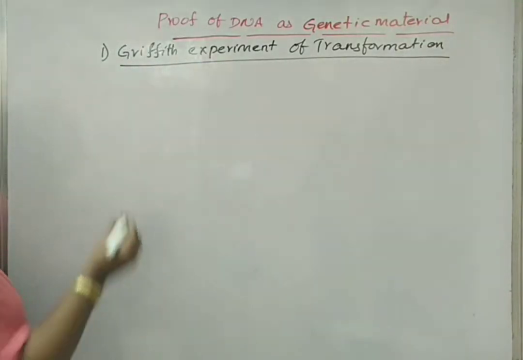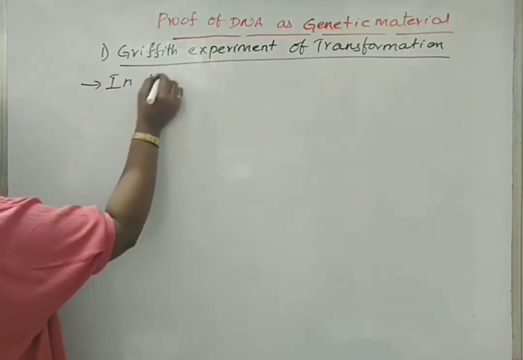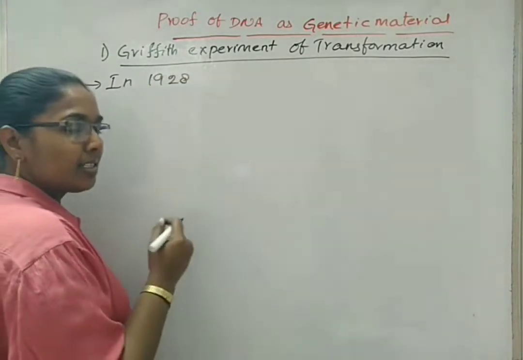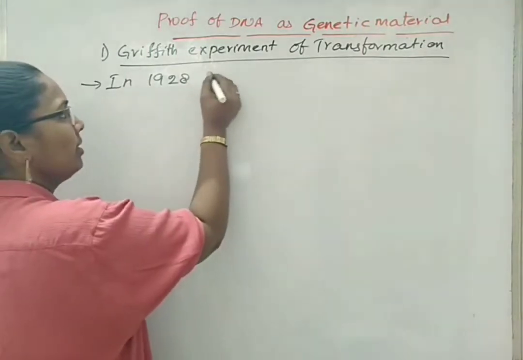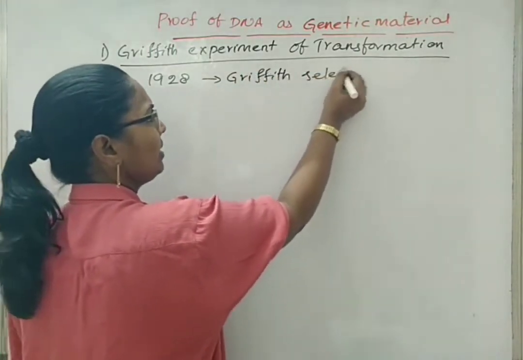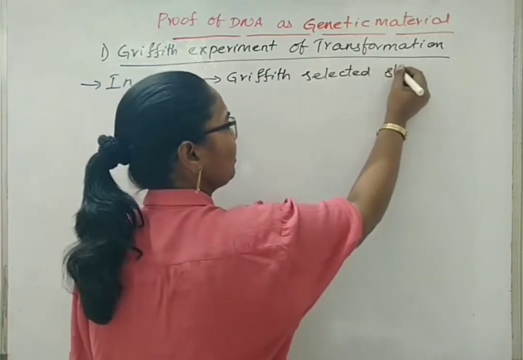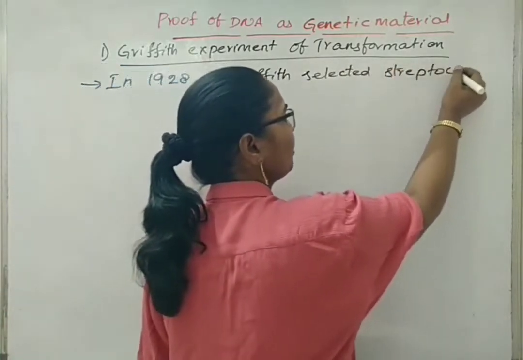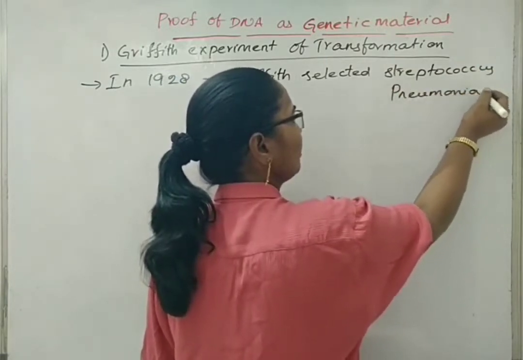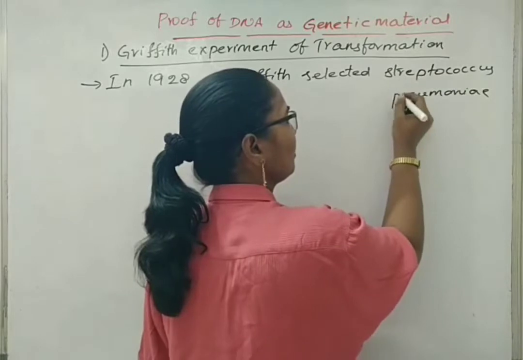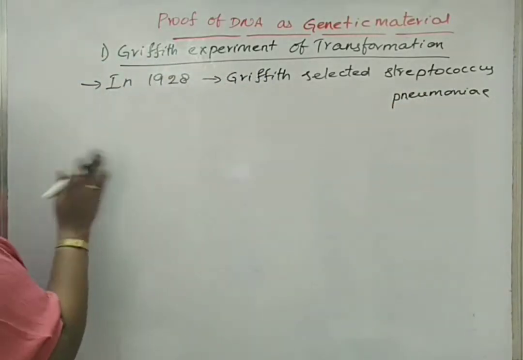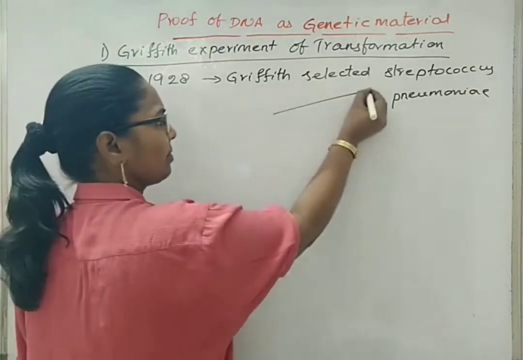He started his experiment in 1928 by taking two different strains of bacteria. Griffith selected Streptococcus pneumoniae for his experiment, and out of that he selected two different strains.